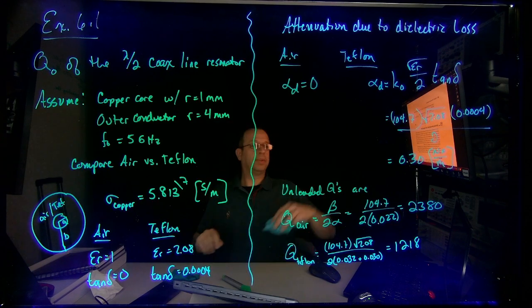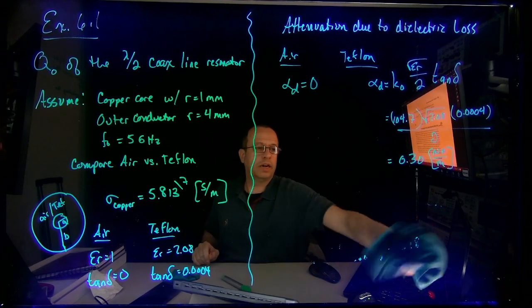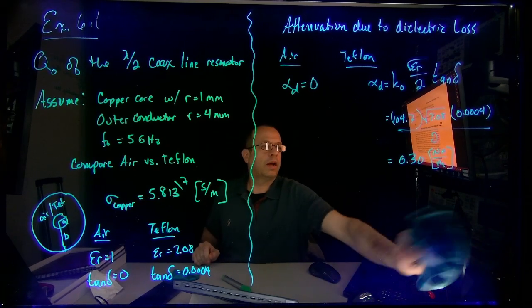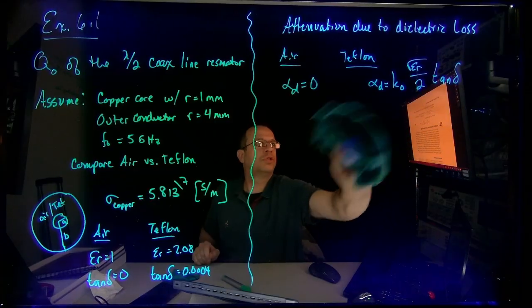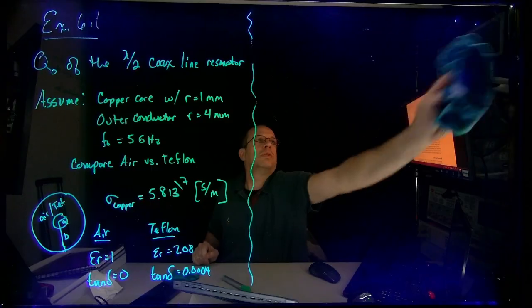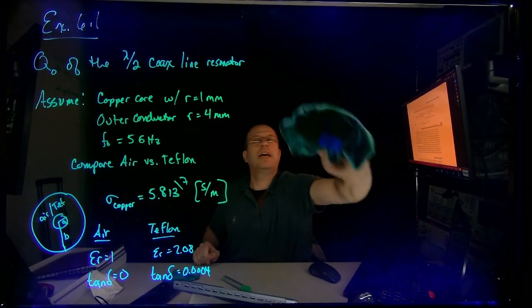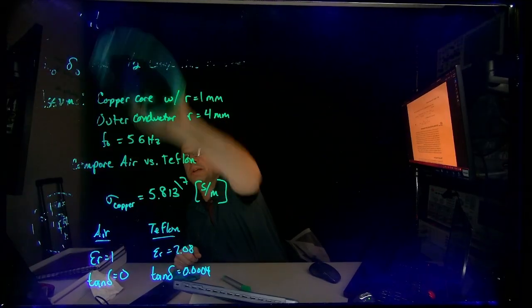The next thing we're going to talk about is the quarter wave short-circuited transmission line. We're going to make sure we talk about all the different parameters in that. This one will be a little faster since we've been through it once.